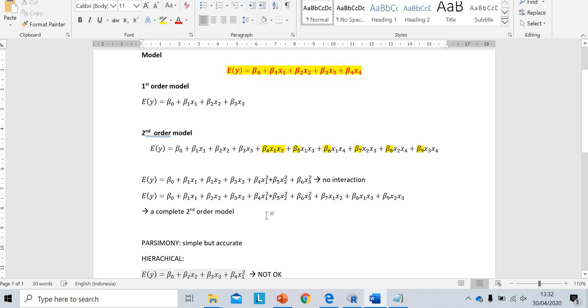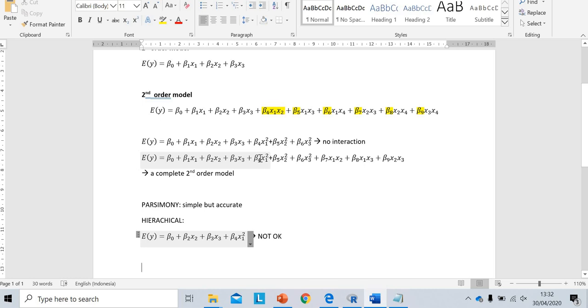Statistically speaking, if you consider a complete second order model, you should consider all the quadratic terms and all the possible interaction terms. But again, remember our two principles, parsimony and hierarchical.